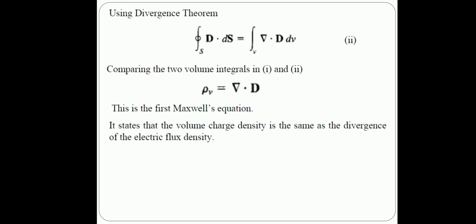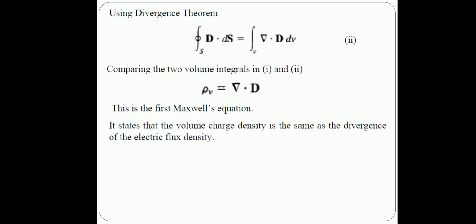According to Gauss law, the total flux psi enclosed in a closed surface is equal to the charge itself, and we can replace charge Q as the volume integral of rho v dv, and psi as the closed surface integral of D dot dS. And according to the Gauss divergence theorem, we replace the surface integral of D dot dS with the volume integral of del dot D dv.